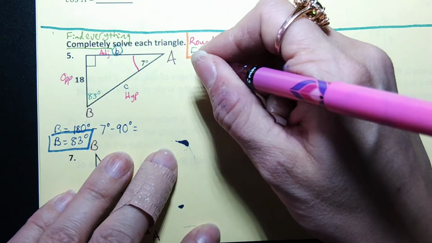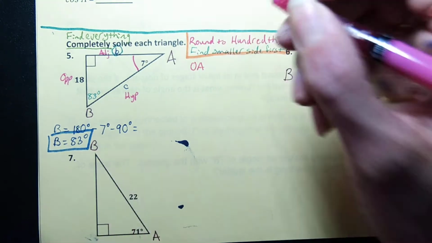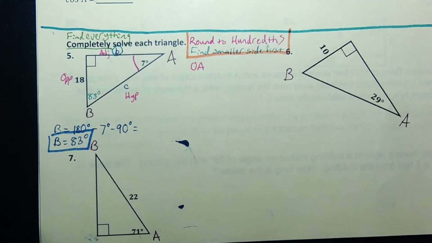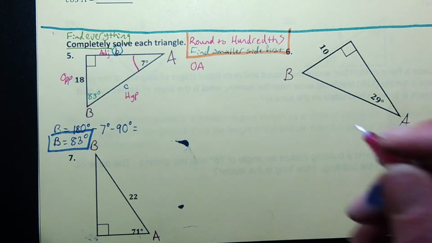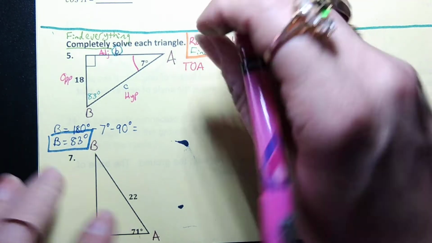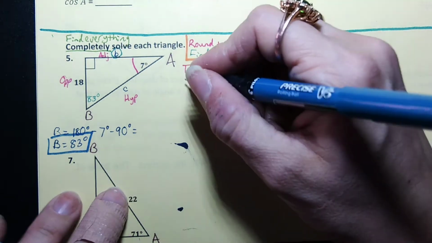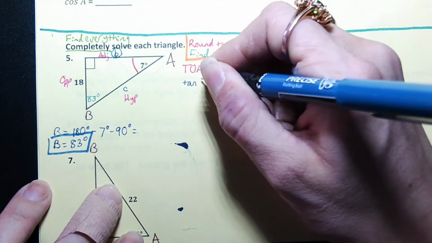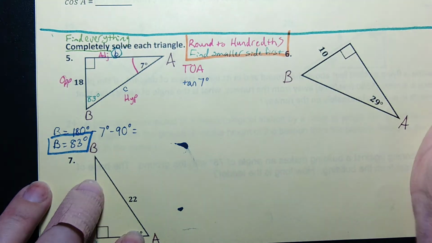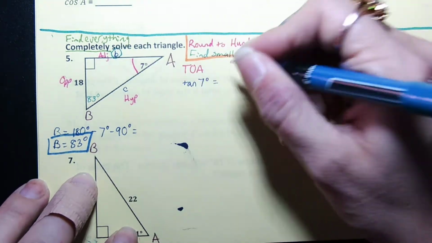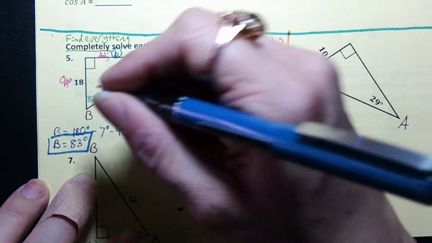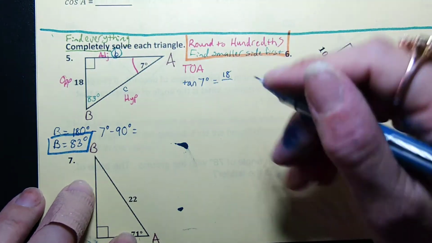So we've got OA for our side relationship. So what are we going to use? Sine, cosine, or tangent? Tangent for TOA. So tangent of the angle, 7 degrees, is equal to opposite 18 over adjacent B.